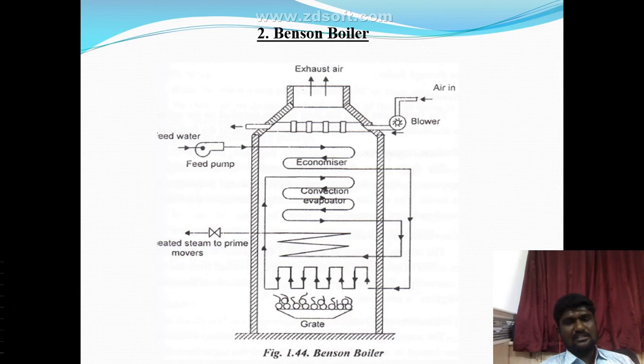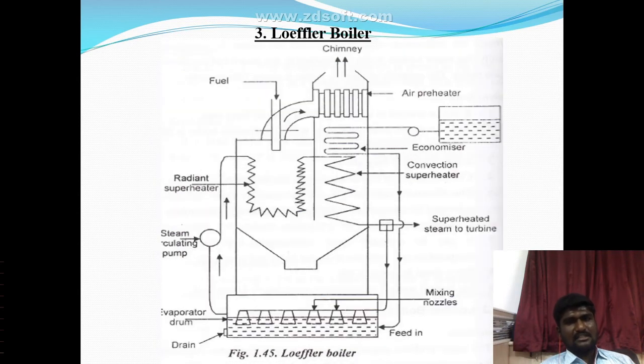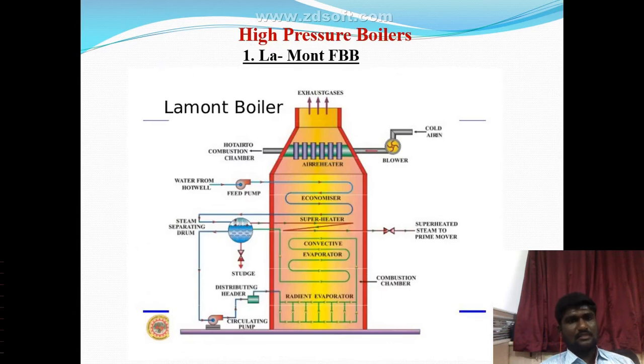The working principle is the same as the La Mont boiler. Hot air goes into the combustion chamber. First the water comes from the hot well, then it is sent into the feed pump. We preheat the water and send it into the economizer.